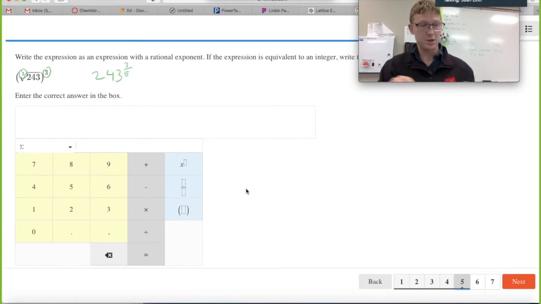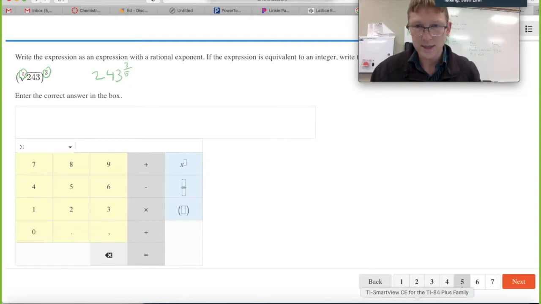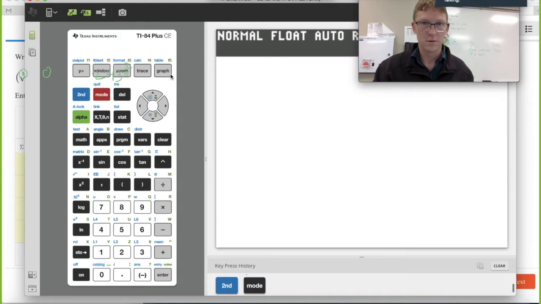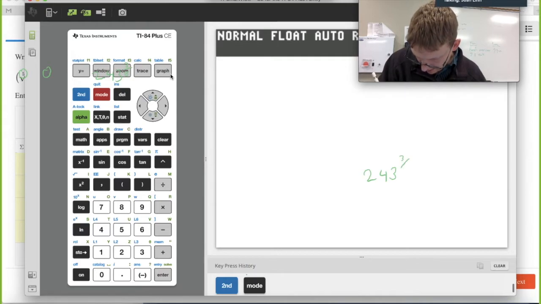So I'm just going to show you right now how to enter this into your calculator. Especially once you get it into the fraction form, it's much easier, in my humble opinion. So as a reminder, we've got 243 to the 3/5.